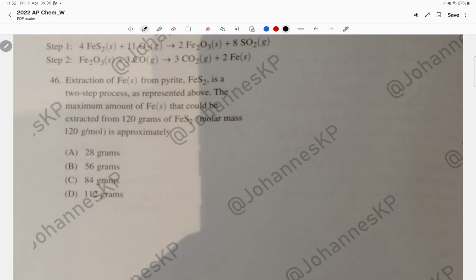So look, we have 120 grams of FeS2. We want the amount of the Fe. So we're going to do stoichiometry here. 120 grams of the FeS2 times, if I have 1 mole of the FeS2, that would be the molar mass of 120.